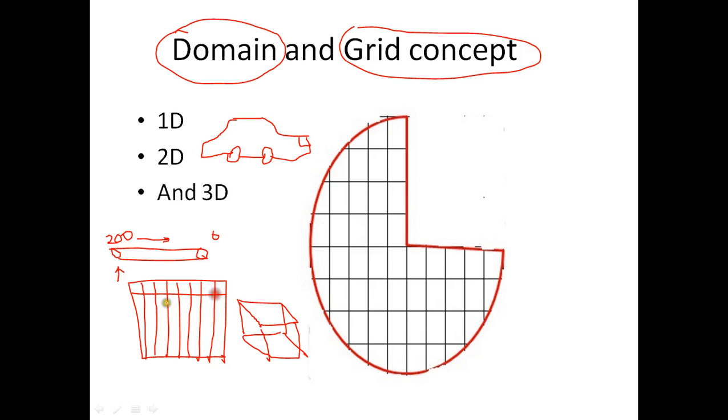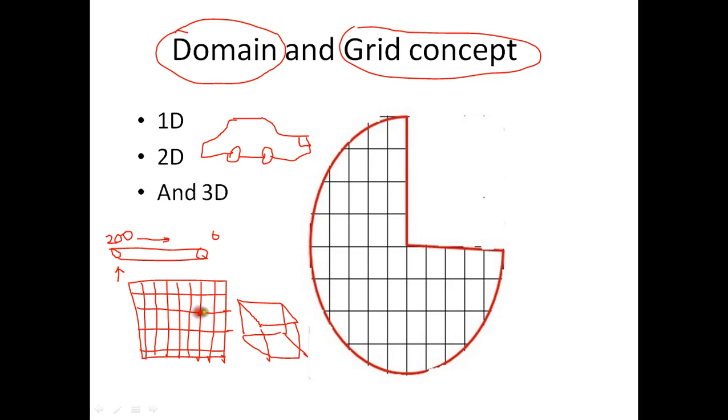So if we divide this, we have divided our domain, this portion, into several squares or rectangular portions. For example, say we have 100 elements or 100 subdomains. Each has four nodes.